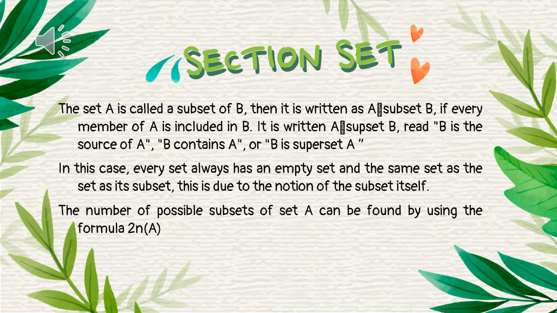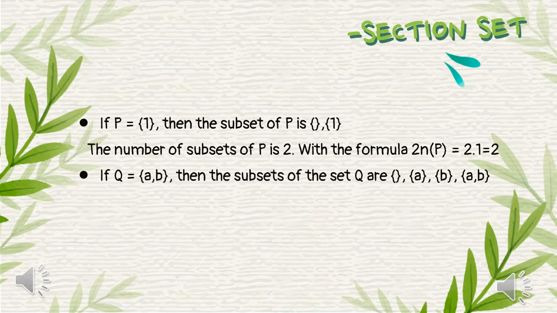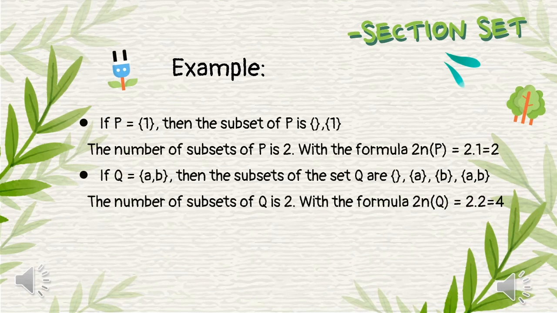The number of possible subsets of set A can be found by using the formula 2^n(A). For example, if set P is {1}, then the subsets of P are the empty set and {1}. The number of subsets of P is 2, with the formula 2^n(P) = 2^1 = 2.